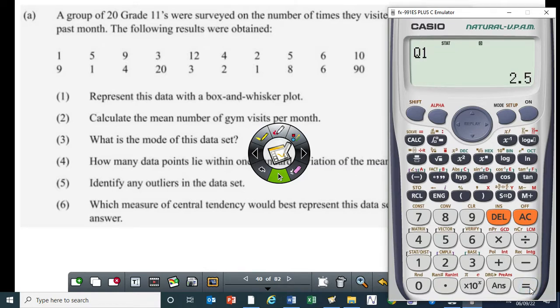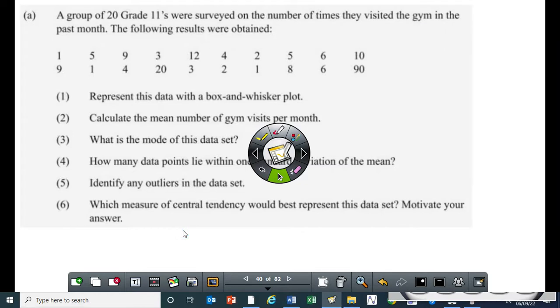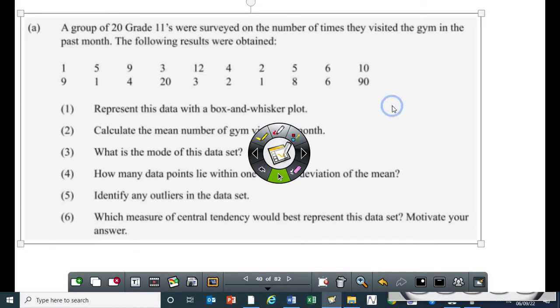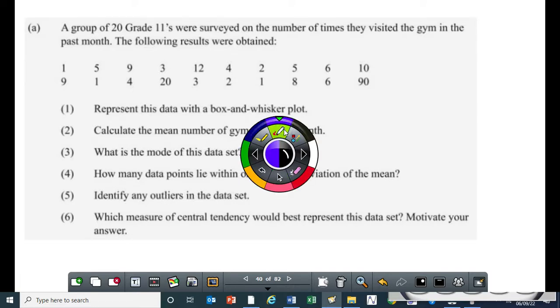On my calculator it's number 6. Right. So Q1 is 2.5.